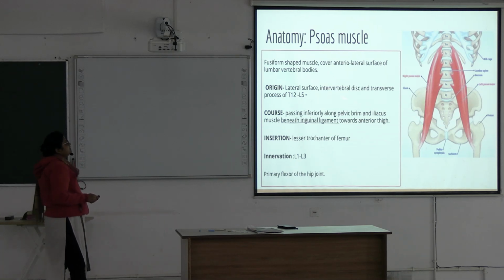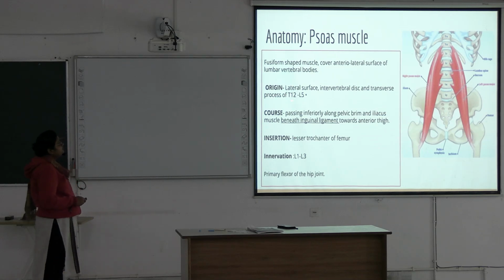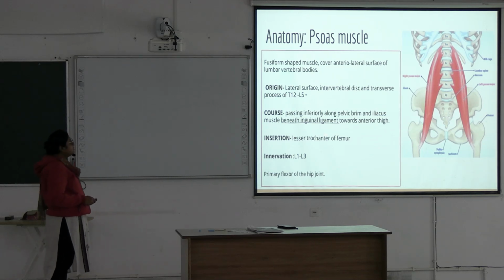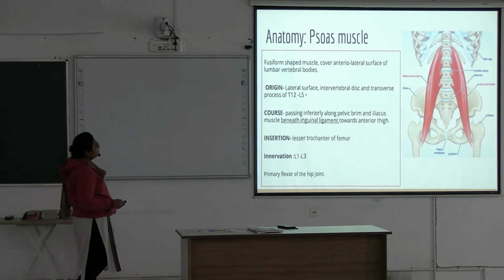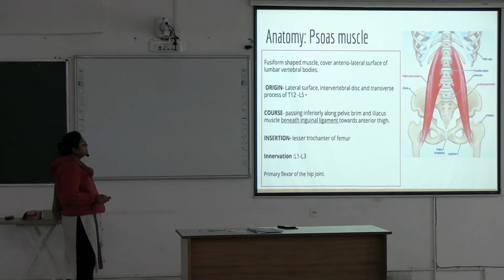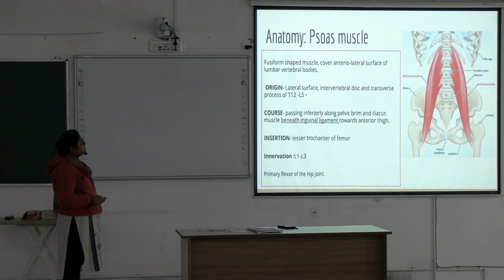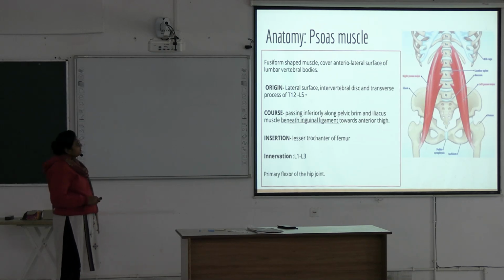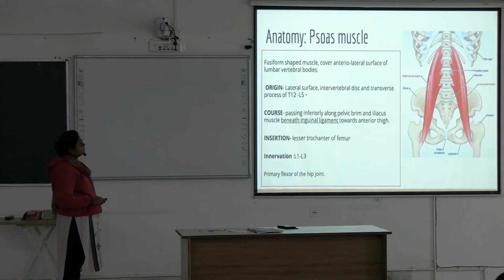Lateral surface, intervertebral disc and transverse process of T12 to L5 vertebra. What is the course? After origin it passes inferiorly along the pelvic brim and iliacus muscle, beneath the inguinal ligament towards the anterior thigh. Okay. Psoas major joins with iliacus. Iliacus arises from the iliac fossa of the hip bone, and together they are covered by a common sheath.